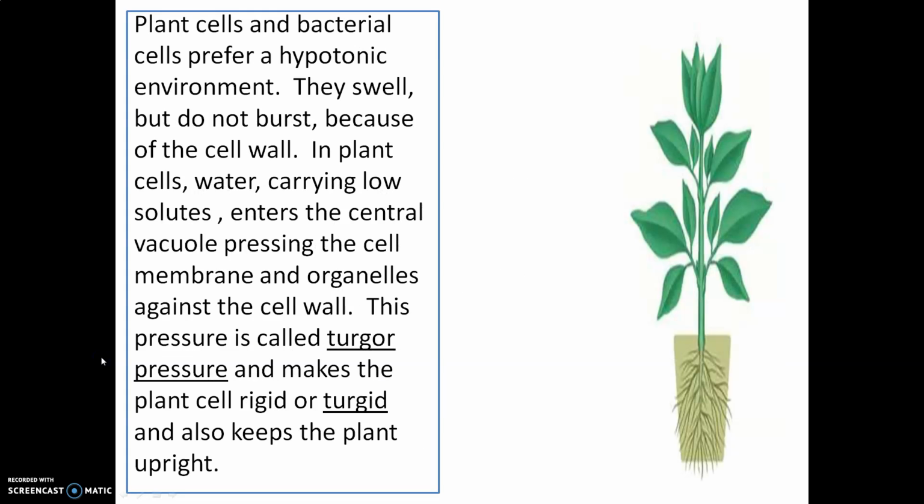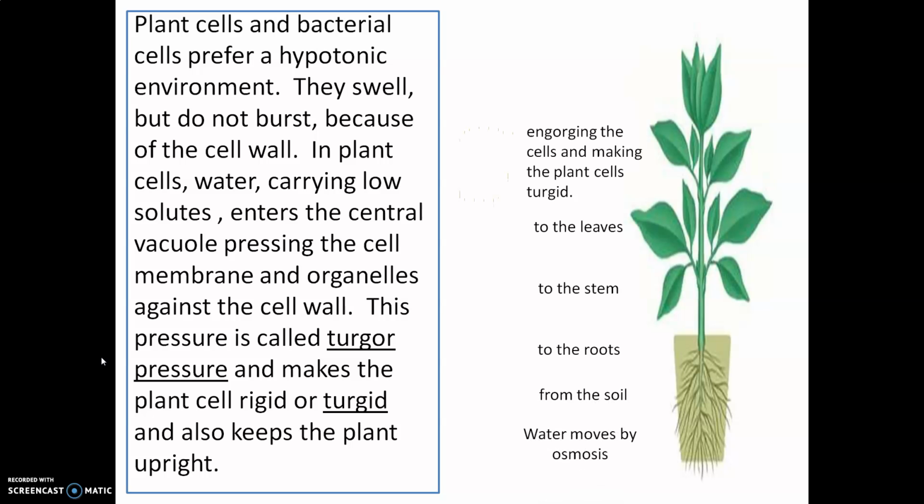Plant cells like a hypotonic environment because as that water is taken into the cell, it's going to fill up that central vacuole, and it's going to end up pushing on the cell walls and creating what's called turgor pressure. It'll make the cell very turgid, which will only add to plant strength and support.